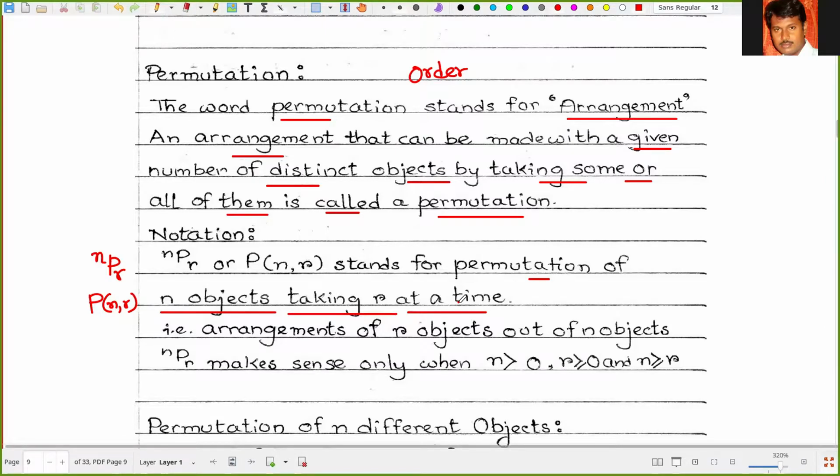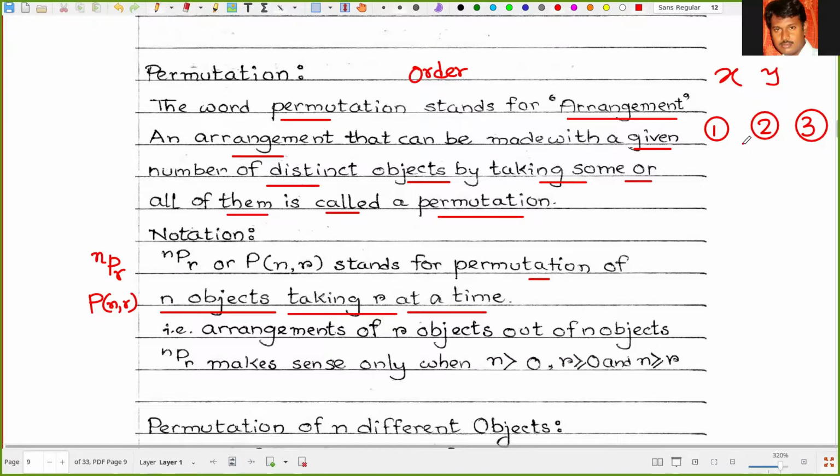Now, let us discuss it with a general scenario. Suppose we have three seats, 1, 2, and 3, and there are two persons, X and Y. Now, X and Y want to sit on two seats among the three seats.